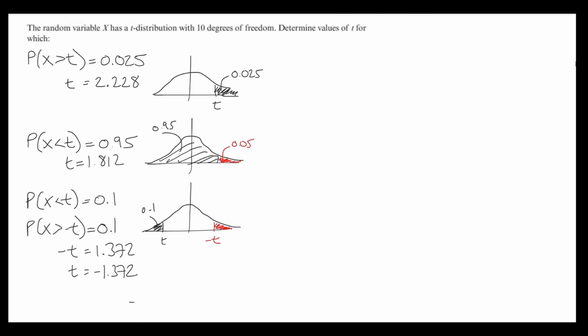Okay, and just one more using the tables this way. So, the probability that the modulus of x is greater than t. Just to remind you, this modulus combines both a positive and a negative case of x, whereas the magnitude of the x value should be greater than t.